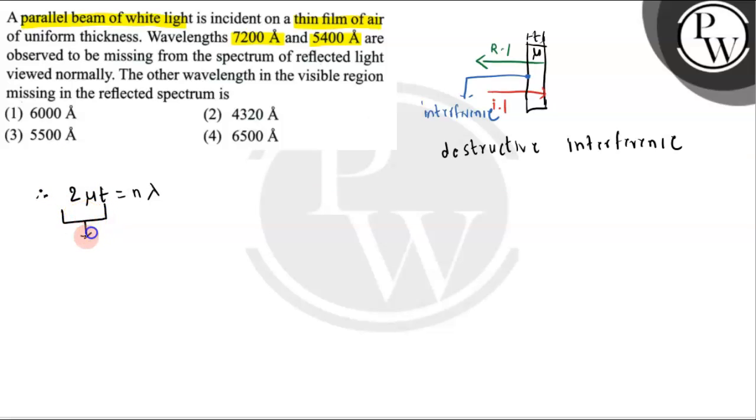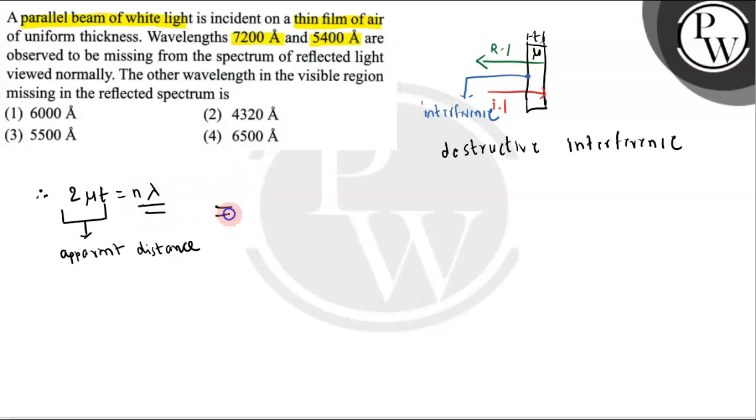So this is nothing but the apparent distance traveled by the light in this medium, and n lambda is the formula for the destructive interference, which is known as n lambda, okay.